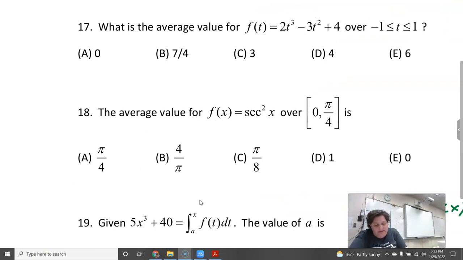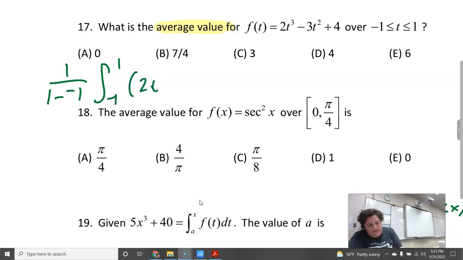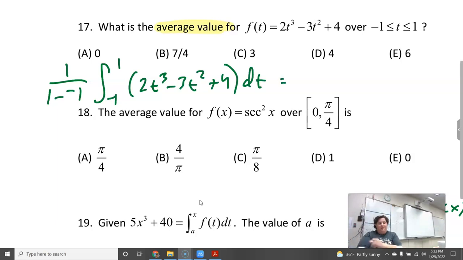All right, what is the average value for blah, blah, blah, blah, blah? Okay, average value, you guys. 1 over b minus a, integral from a to b of this whole dang thing. Okay? All right, first thing is, out front, I have a 1 over 2.